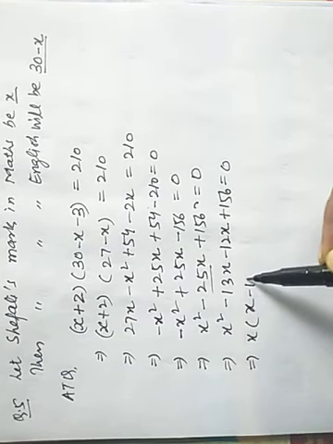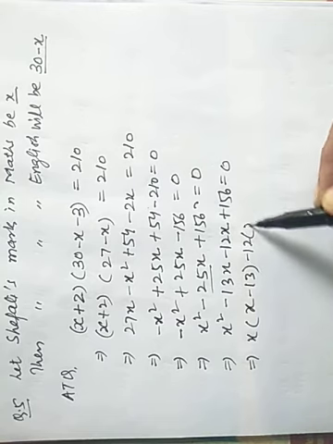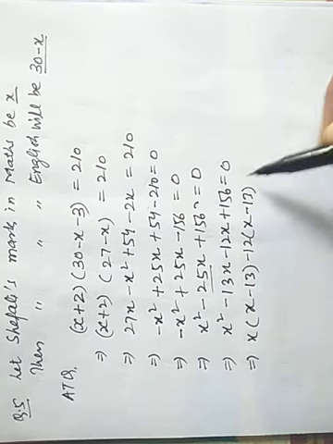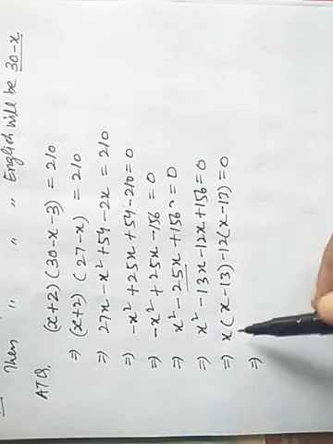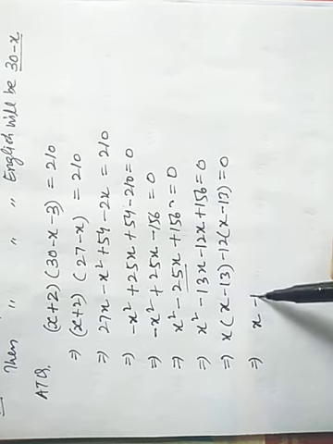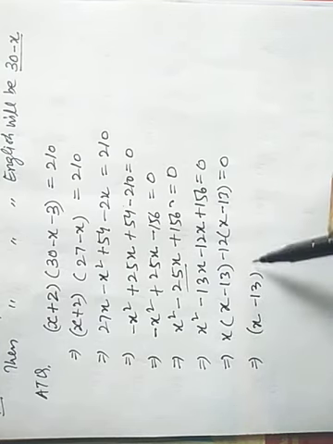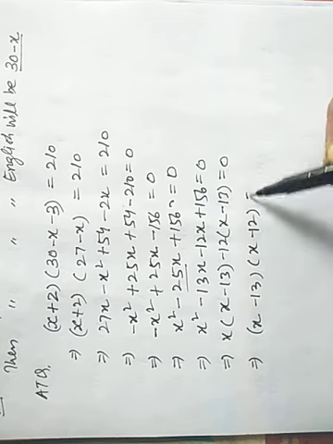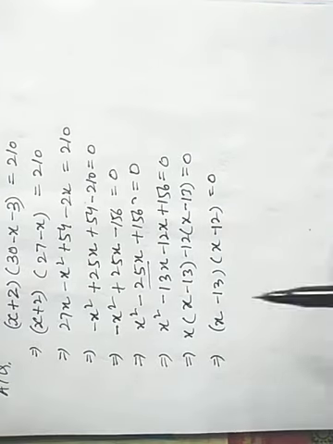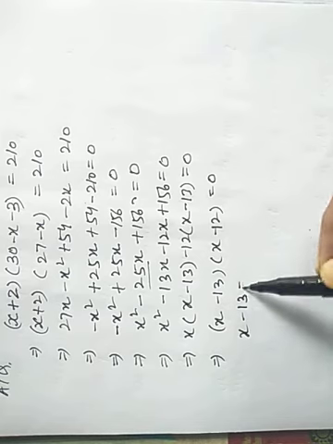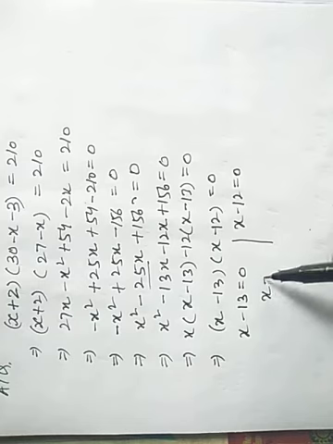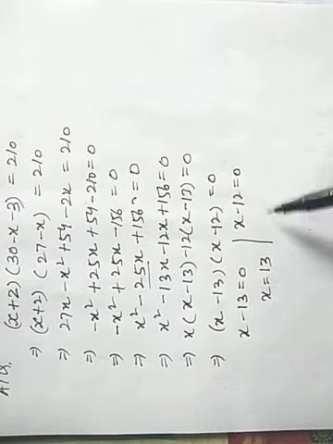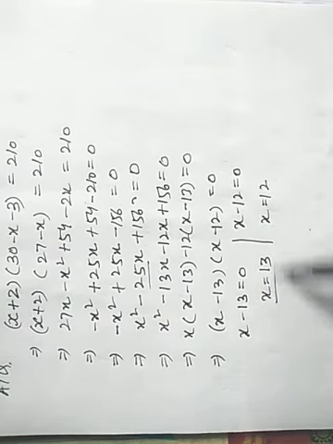We get x into x minus 13 and minus 12 common, again we get x minus 13 is equal to 0. So it further implies x minus 13 into x minus 12 is equal to 0, or we can get x minus 13 is equal to 0, x minus 12 is equal to 0. From here we can find the value of x as 13 and 12. So we have these two results.